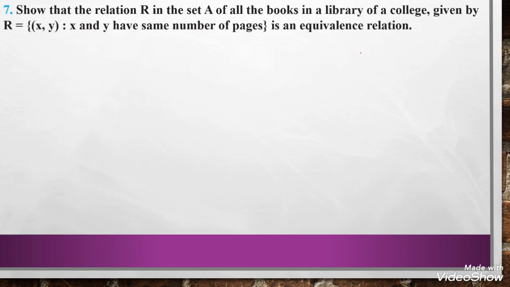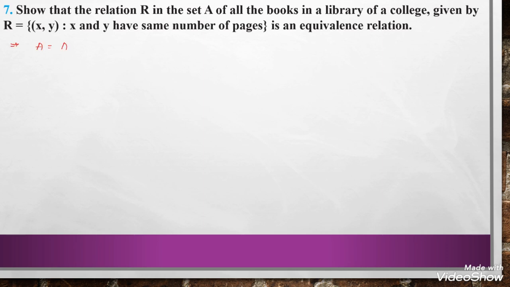Now, let us consider question number 7. Show that the relation R in the set A of all the books in a library of a college. Here we have to consider A is a set containing all the books in a library.